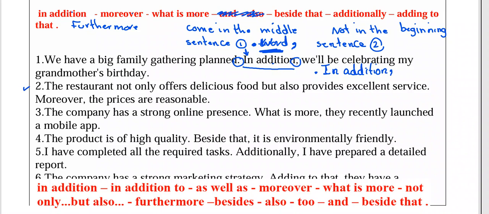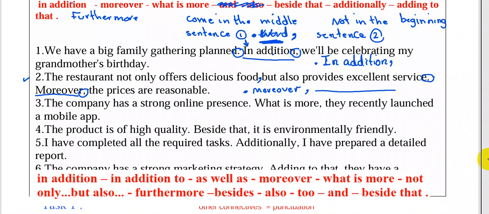Sentence number 2. The restaurant not only offers delicious food, but also provides excellent service. Moreover, here is the full stop, then "Moreover" in the middle, then a comma, then write the next sentence.